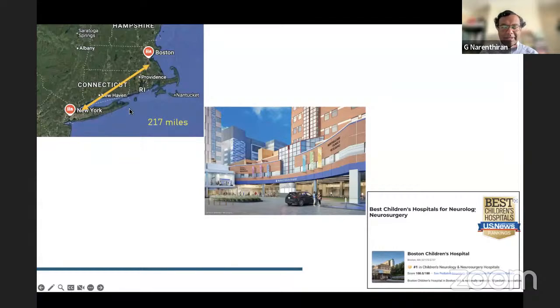And although it crosses a few states, it's not that far. Everyone in pediatric neurosurgery knows of Boston Children's Hospital, and for the last few years it has tried to be at the top of the US News rankings for neurology and neurosurgery. So it's a place to compete with and hopefully to one day beat.